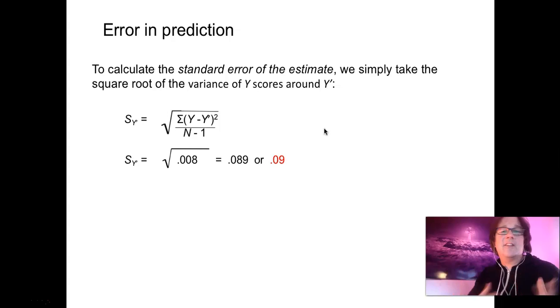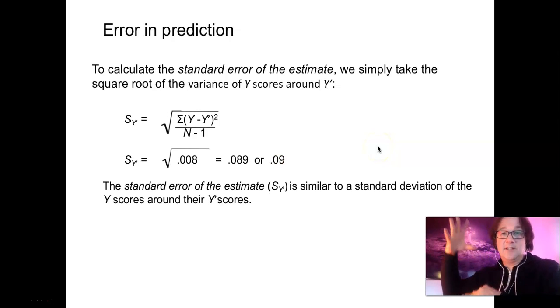So again, the standard error is giving you an overall term. Sometimes the actual y-score and the predicted y-score are going to have really little error, maybe no error, maybe they're exactly the same. For some scores there might be a little bit more error. What this is saying is, on average, how much deviation exists between the actual y-score and the predicted y-score.